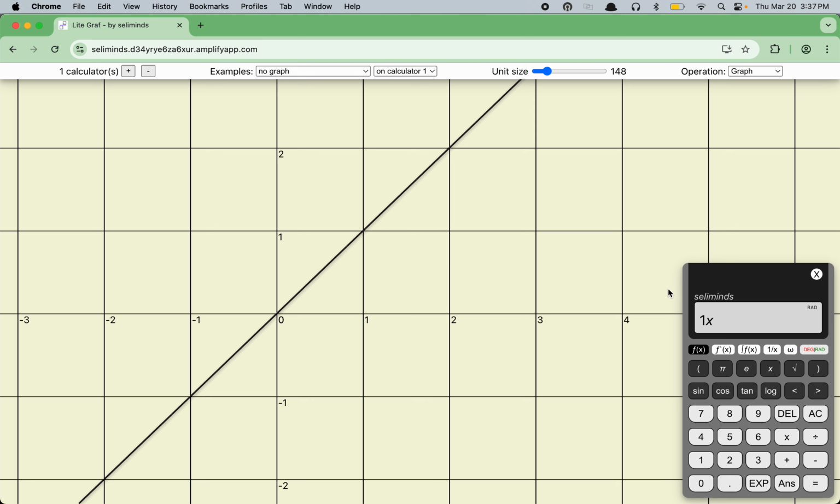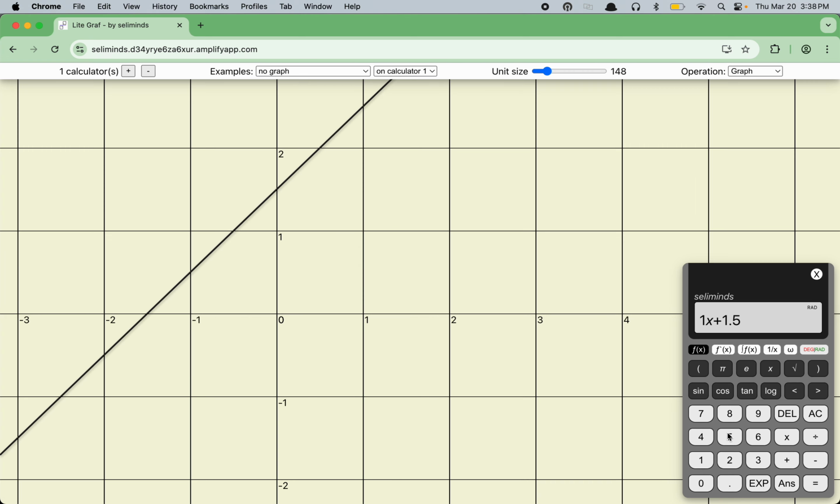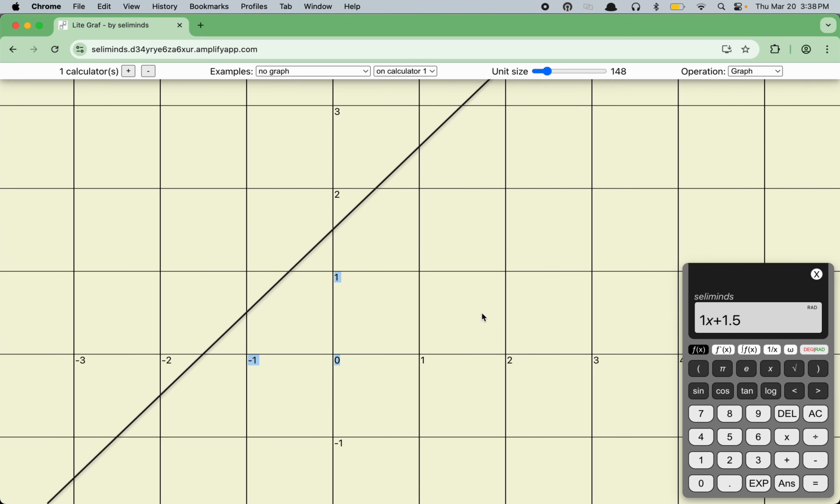So that's 1x. And then we can shift it up or down by using the intercept. So if you want to intercept the y at 1.5, somewhere here, you can just say plus 1.5.